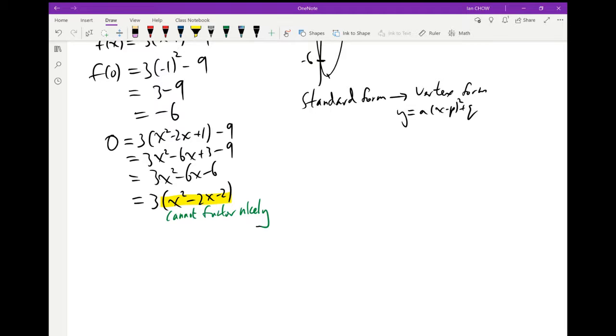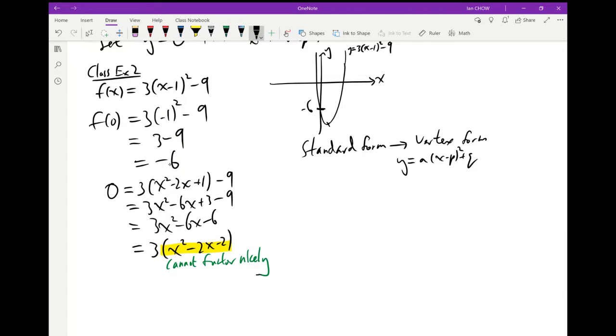So let's go back to our vertex form. 0 is equal to 3 of (x minus 1) whole squared minus 9. The first thing I can do is divide both sides by 3. And so I have 0 equals (x minus 1) whole squared minus 3. So this is the first part.